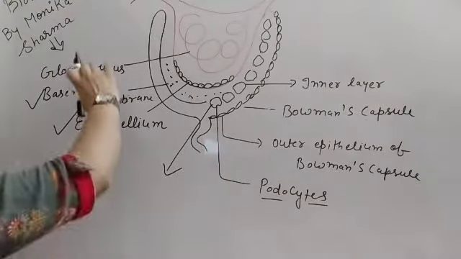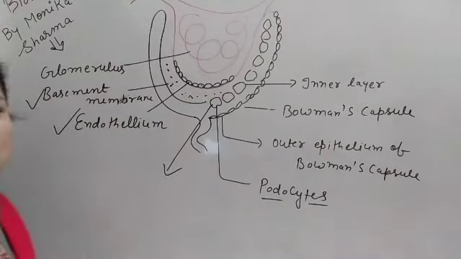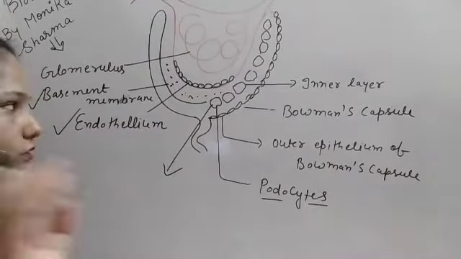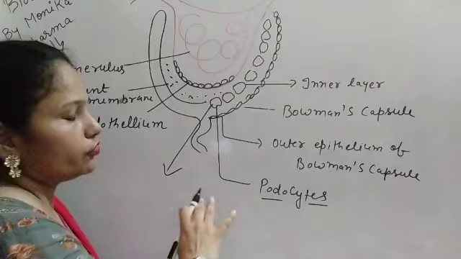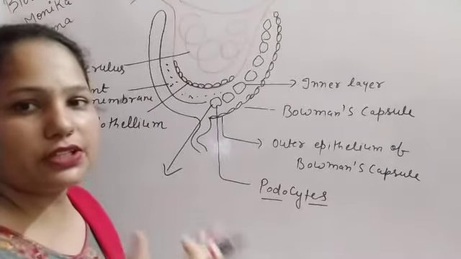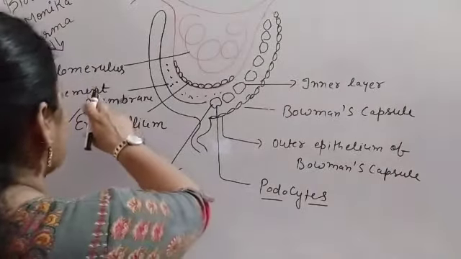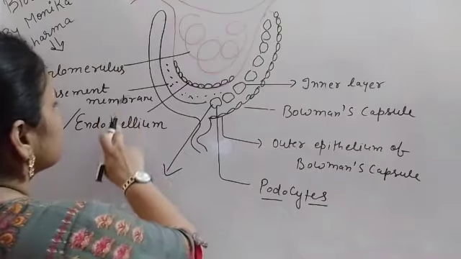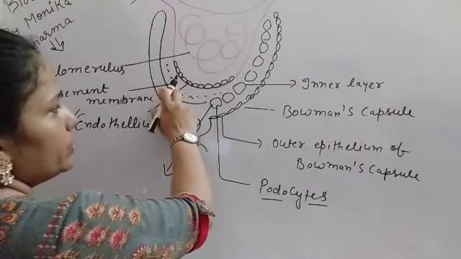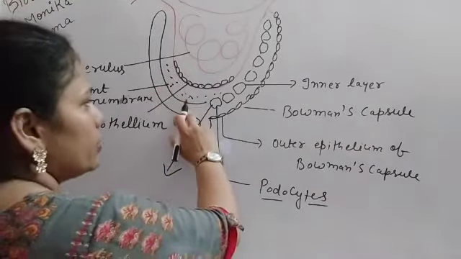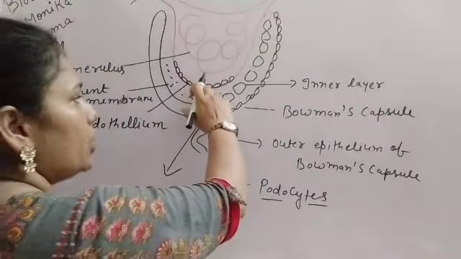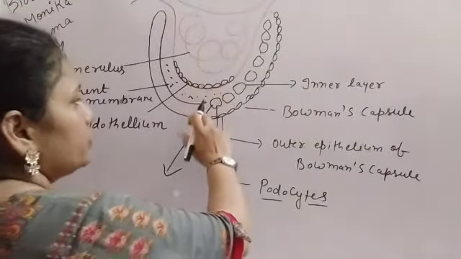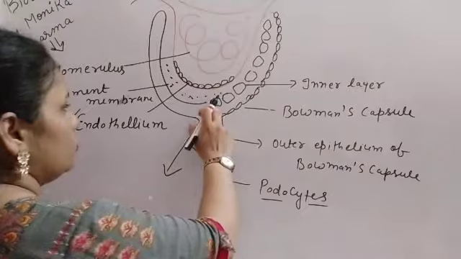So there are three layers, and through these three layers the filtration of blood takes place. What are these three layers? First is the endothelium of the glomerulus, second is the basement membrane, which is present between the Bowman capsule and the glomerulus, and third are the podocytes.